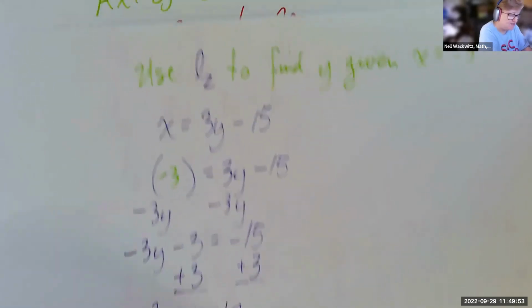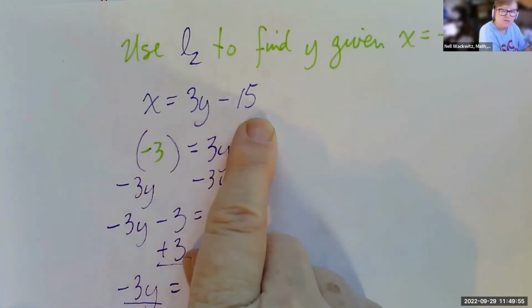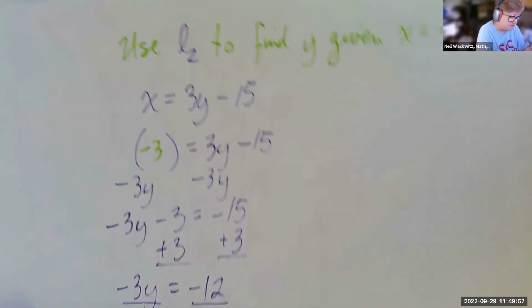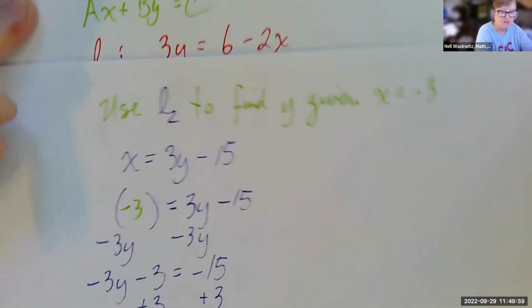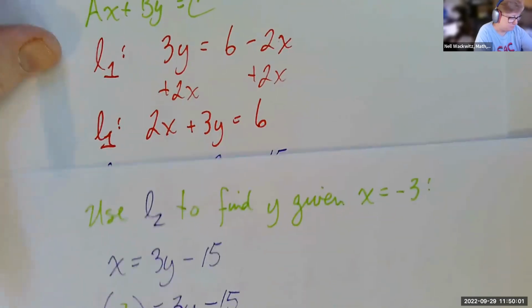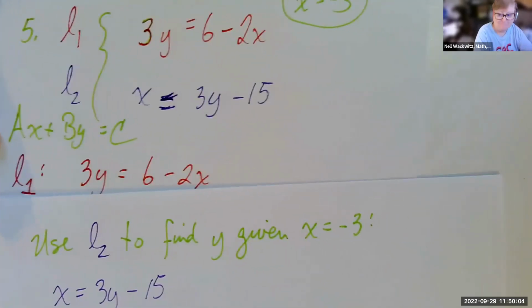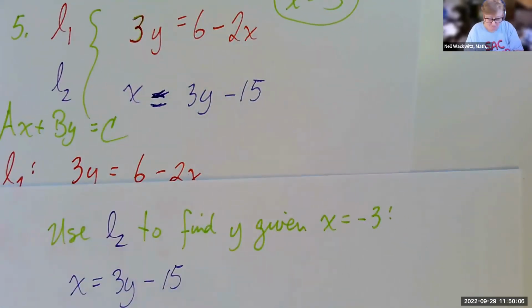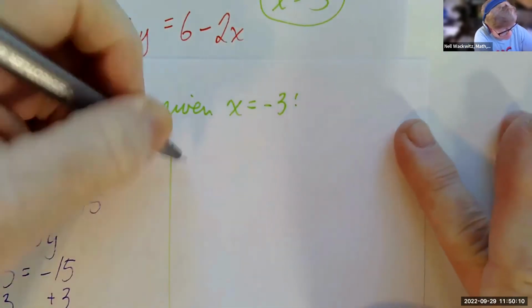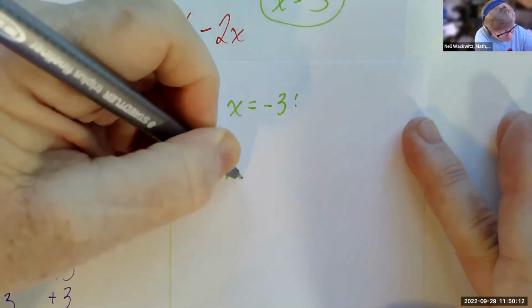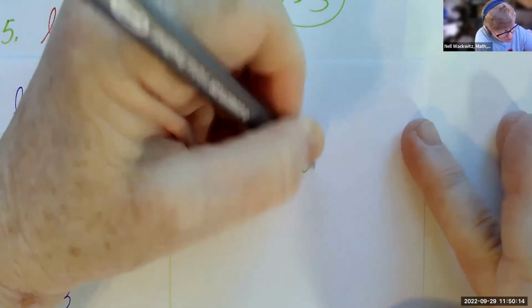We used equation 2 to find y given x. Which equation do we have to use to check? The 3y equals 6 minus 2x. Exactly right. Good. So we have to use line 1 to check.